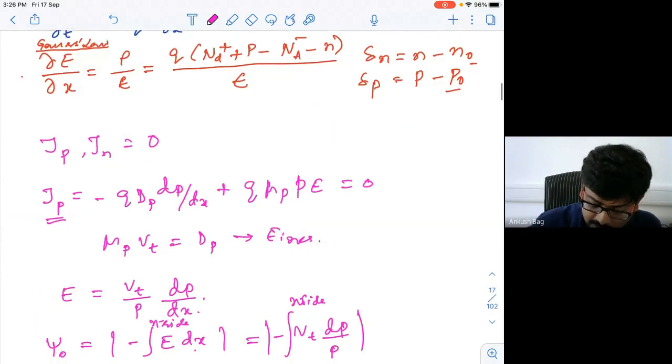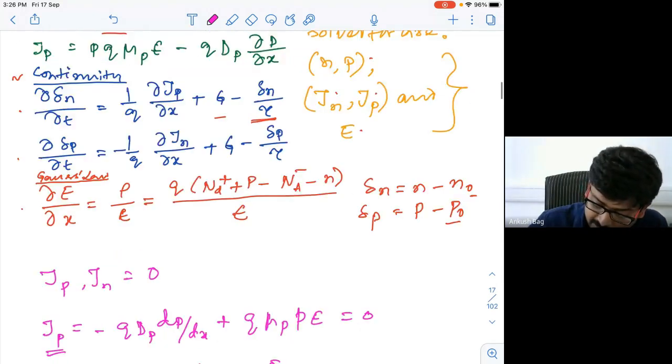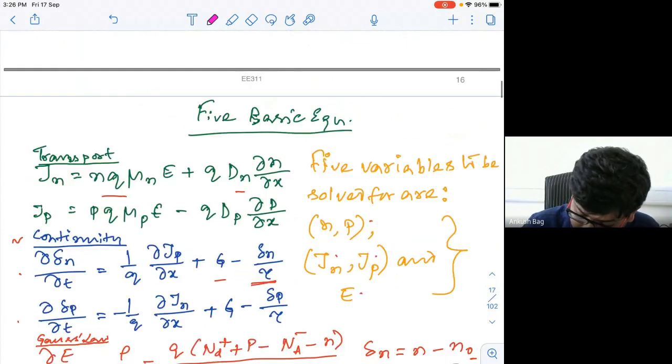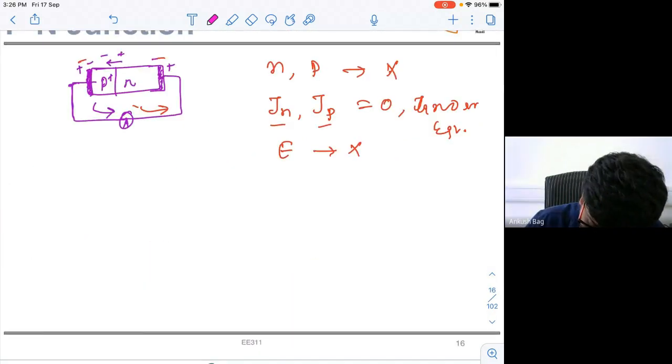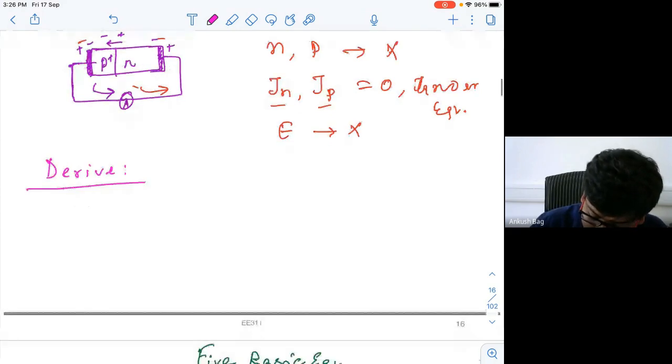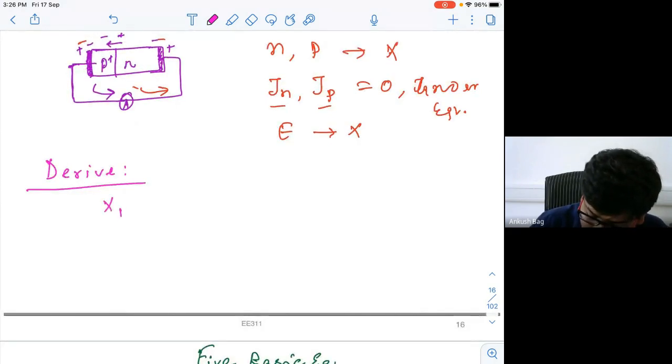Here our objective is to find out xp and xn once again. So we'll try to calculate or derive, from the following five equations: xp, the depletion region in the p side, and xn, the depletion region in the n side. Obviously then the total depletion region xt.